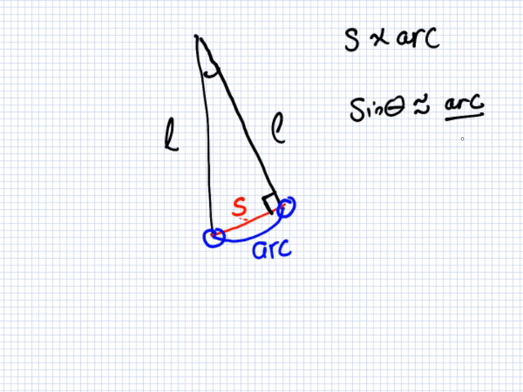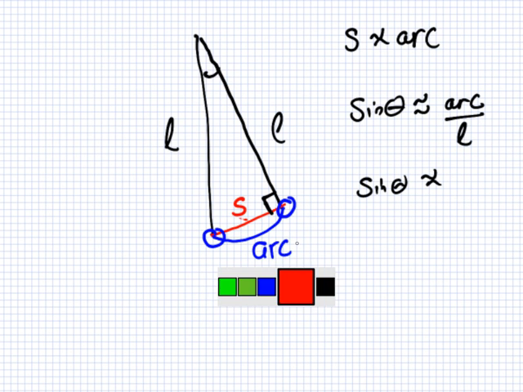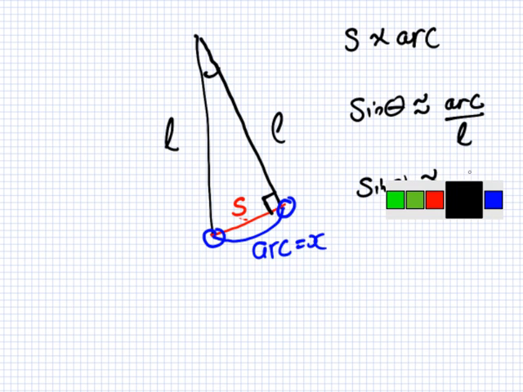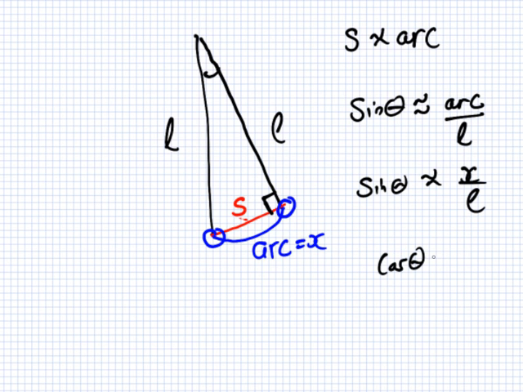The L. So the sine theta is roughly the same as the arc over L. Maybe I'll call this here X. Yeah, X over L. And cos theta, what would cos theta roughly equal?